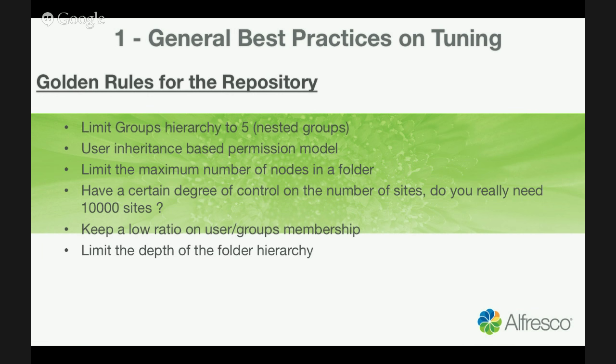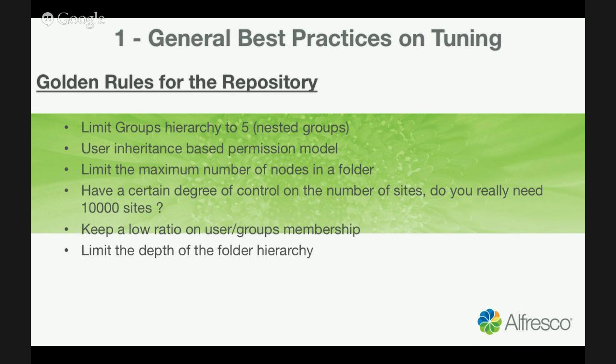Have a certain degree of control on the number of sites that you spin up on your Alfresco repository. In most of the collaboration scenarios and implementations that I've seen, they are site-based. So every department creates a site, and they create a site for cooperating with external partners and all that. But in some cases, the creation of sites became like creating a node, and that's not the case.